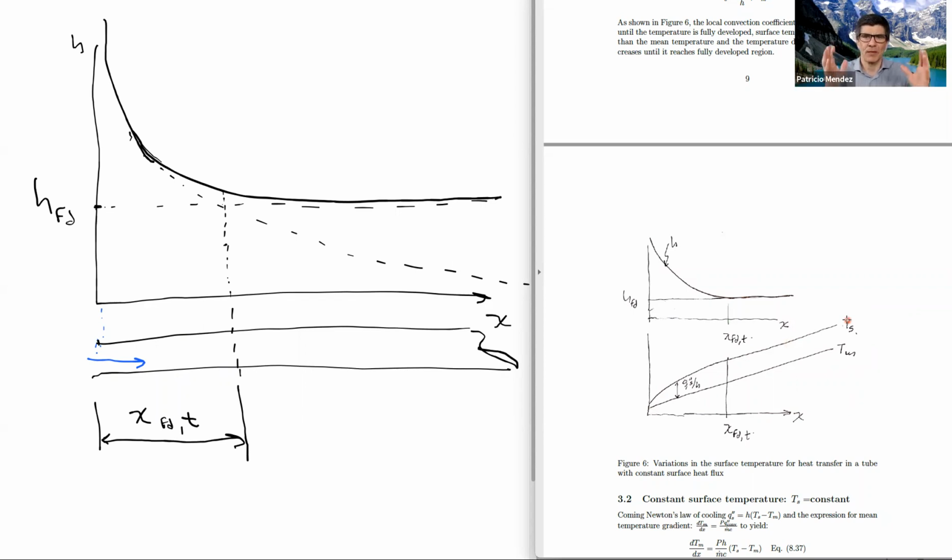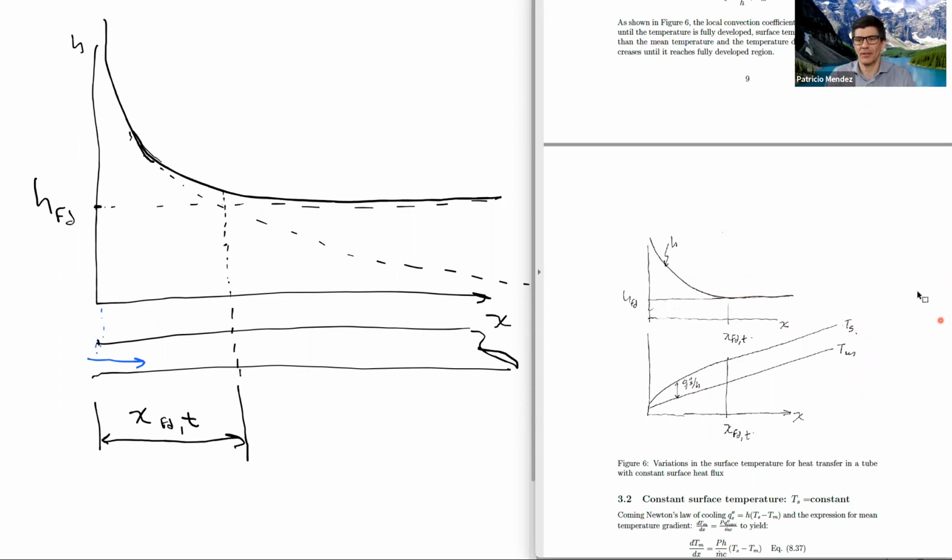Super interesting. The entry length of a pipe is actually very important. It has very different properties than the fully developed flow. And the entry length has a higher heat transfer coefficient. If we're designing heat exchangers, not reaching fully developed flow is a good thing, right?